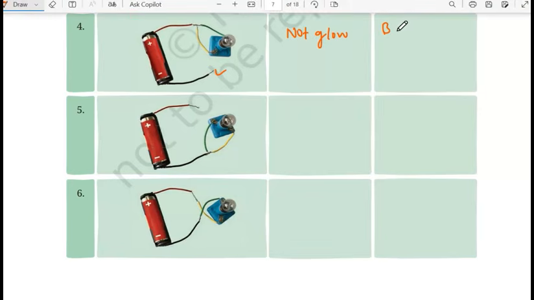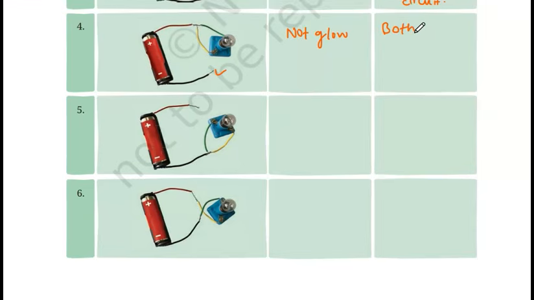So here the current will not flow because both wires of the bulb are connected to the positive terminal of the cell.